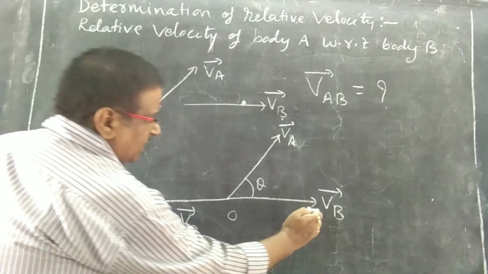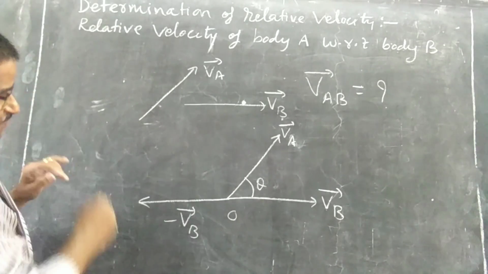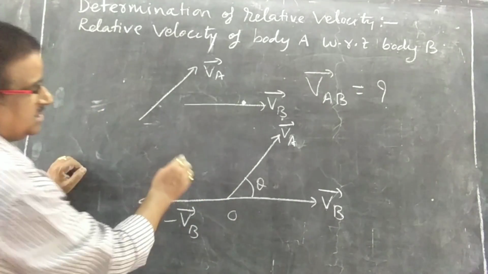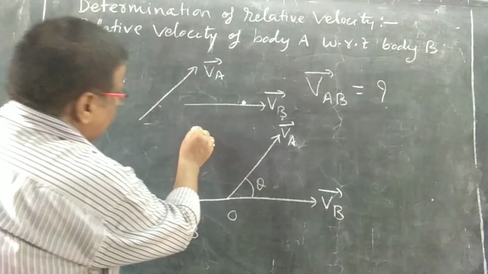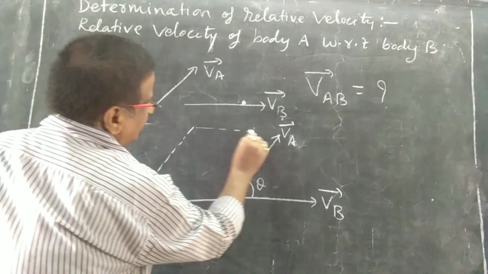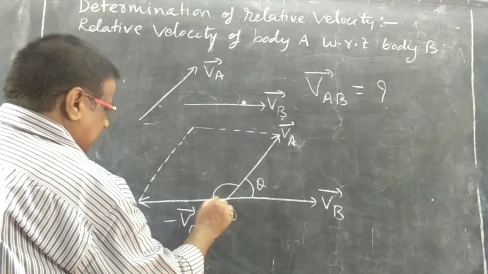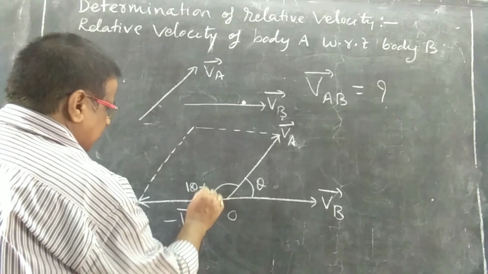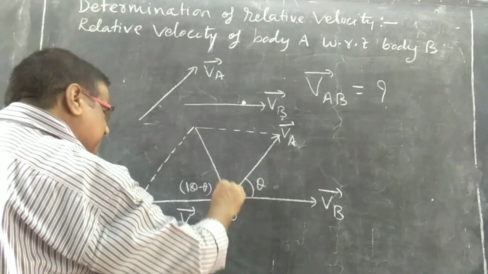So now the velocity of B becomes 0. Now we will calculate the resultant of these two vectors by making this parallelogram. We have made the parallelogram here, and this angle is 180 minus theta. So the resultant is here, this one.